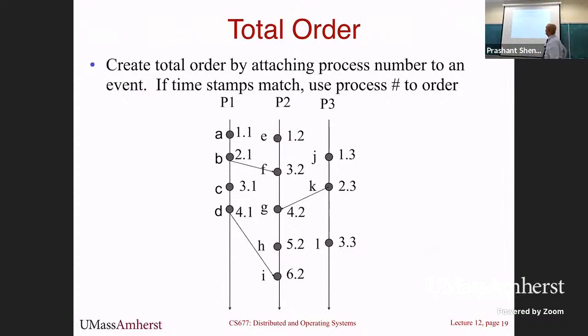Question: is there a reason we don't have 2.2? That is exactly how the Lamport's clock algorithm works when you send and receive messages. When you send a message, you always piggyback the logical clock value. So the message will carry the actual message, but you piggyback 2.1 with it.